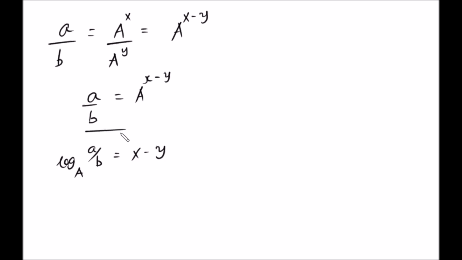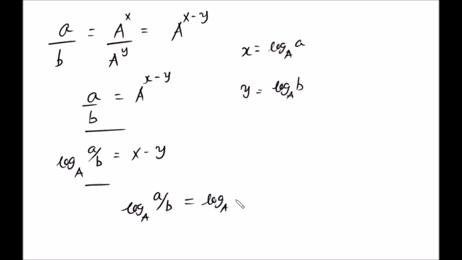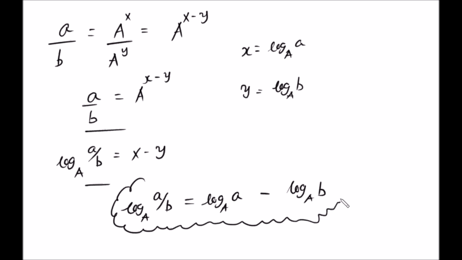Hivi convert hii into logarithm. Sasa kumbuka tulisema ni nini? Ni log ya small letter a to base capital letter A, na y tumesema ni log ya small letter b to base capital letter A. Kwa hiyo kumbe log ya a over b ni sawa na log ya a minus log ya b. So this one now is the fourth law.